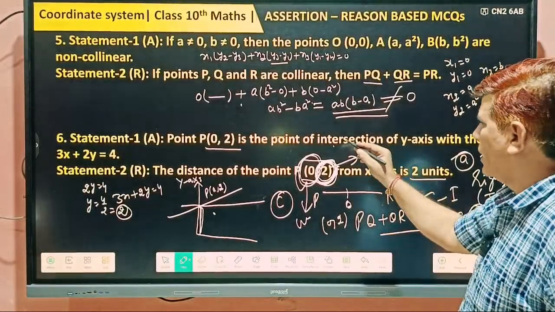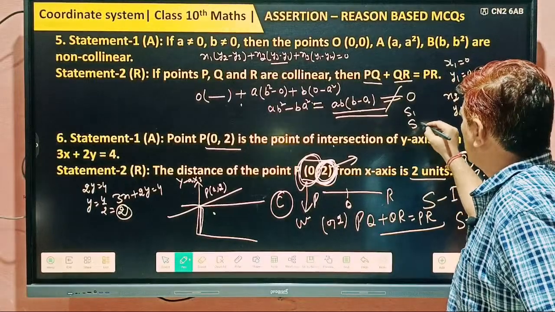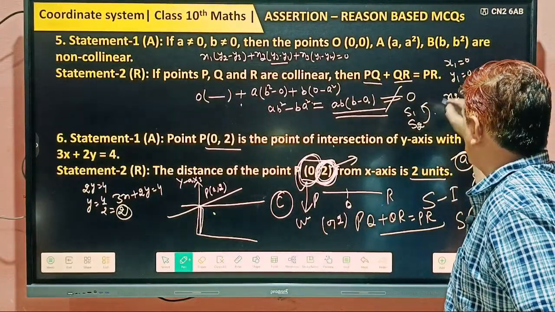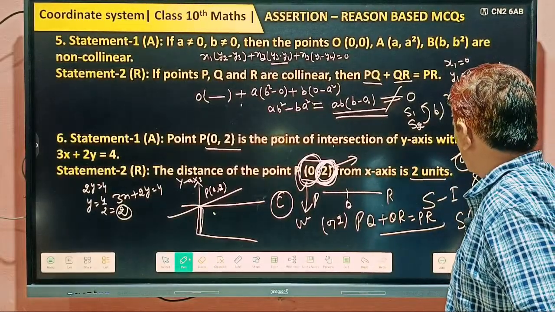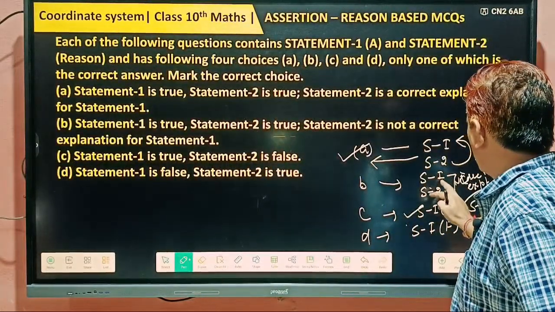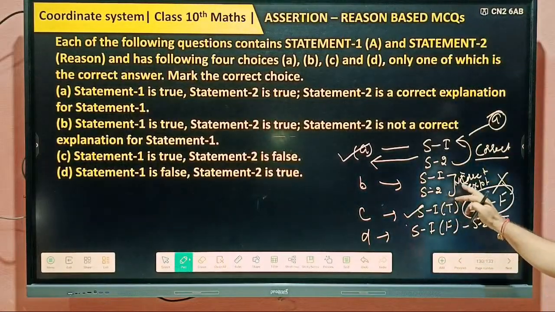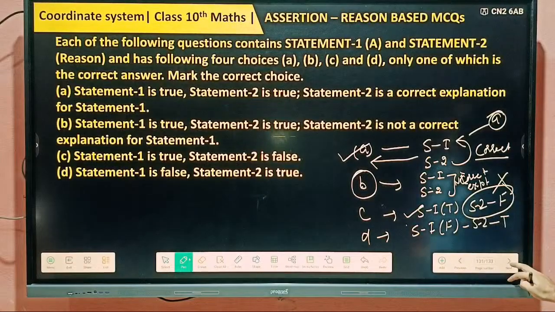But here it is telling another thing. So statement S1 is right, statement S2 is right, and S2 is not the correct explanation of S1. So B is our answer. S1 is right, S2 is right, but not the correct explanation, that's why your answer is this.